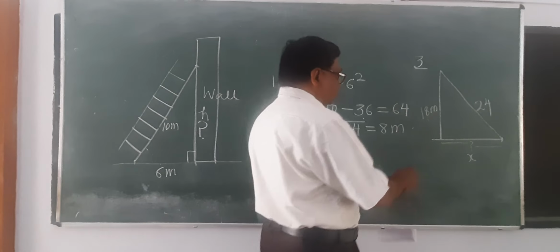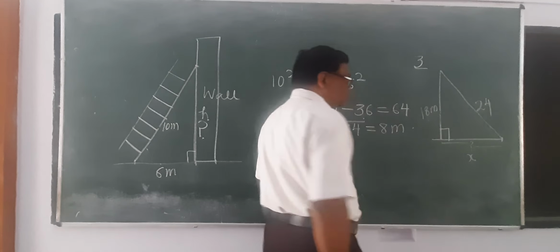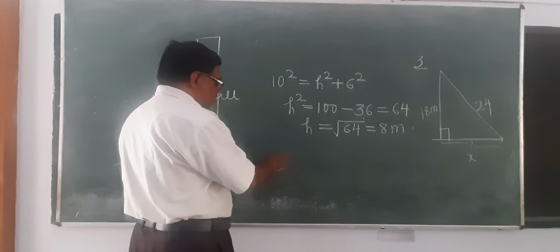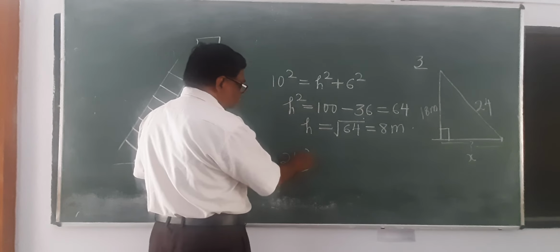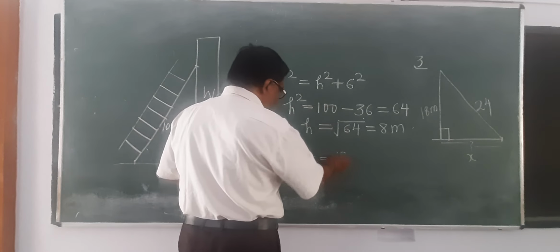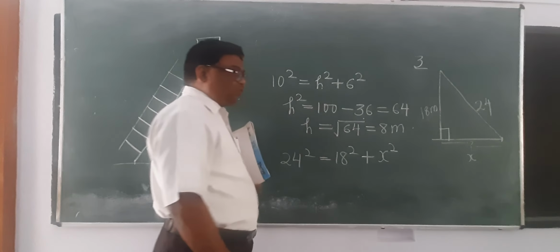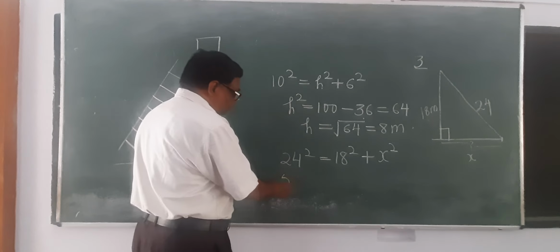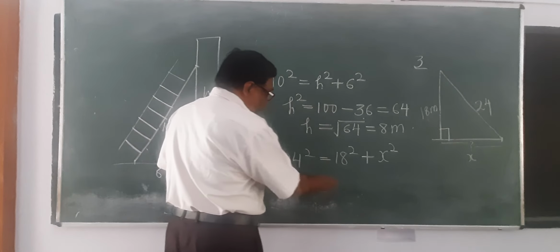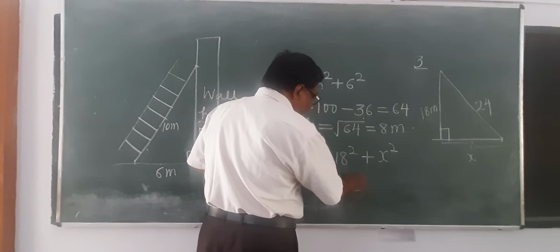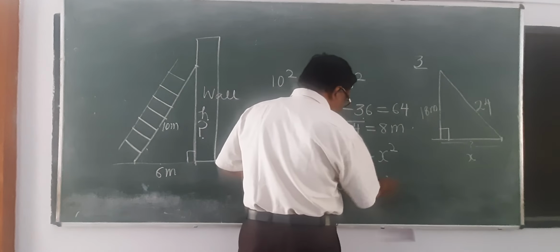So once again, here this angle is a. When you apply Pythagoras theorem, 18 square plus x square equals 24 square. 24 square is 576 equals to 324 plus x square.